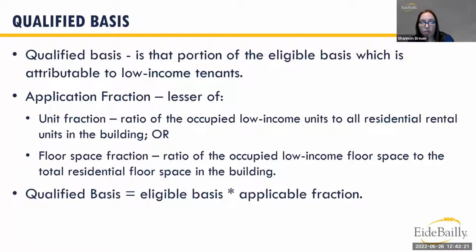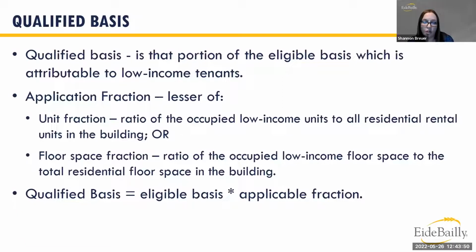And the applicable fraction is the lesser of the percentage of low-income housing units or the floor space occupied by income qualified tenants. There is a special rule for the first year of the credit period, which basically says the first year calculation takes the lesser of the unit or the floor space fractions at the end of each month and then computes a weighted average for the year.